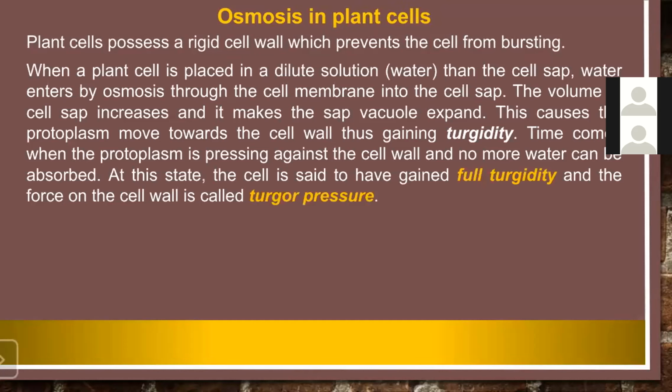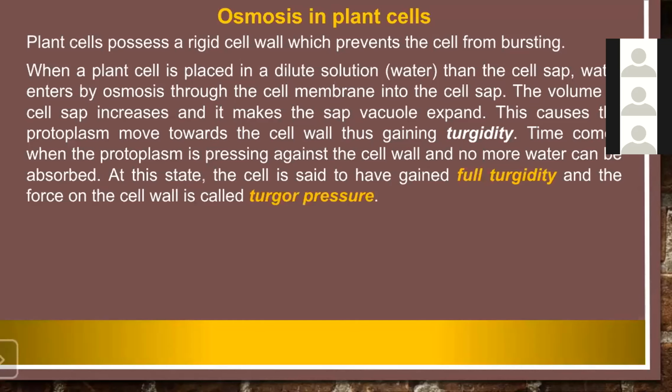Plant cells possess a rigid cell wall which prevents the cell from bursting. When a plant cell is placed in a dilute solution or water, water enters the cell sap by osmosis through the cell membrane. The volume of cell sap increases and it makes the sap vacuole expand. This causes the protoplasm to move towards the cell wall, thus gaining turgidity.